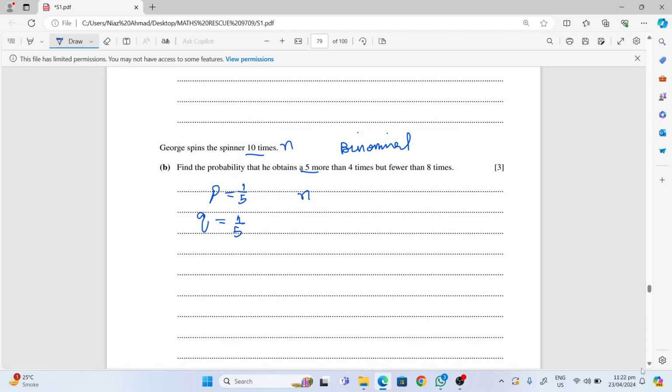So n is 10, and we need the probability that x is greater than 4 and less than 8, which is the probability of x equal to 5, plus x equal to 6, plus x equal to 7.